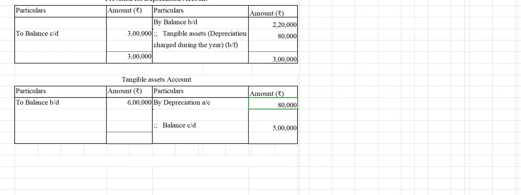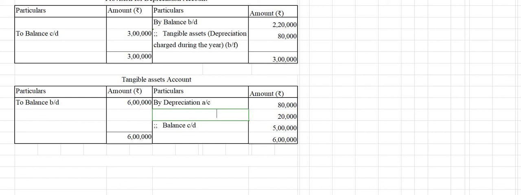See, opening balance 6 lakh was there. After deducting depreciation 80,000, actually it should be 5,20,000 balance, but now it became 5 lakh. So we can balance it now. 6 lakh minus 5 lakh 80,000. The balance we can write inside, that is 20,000.